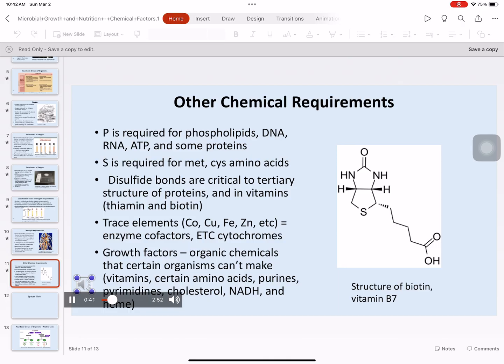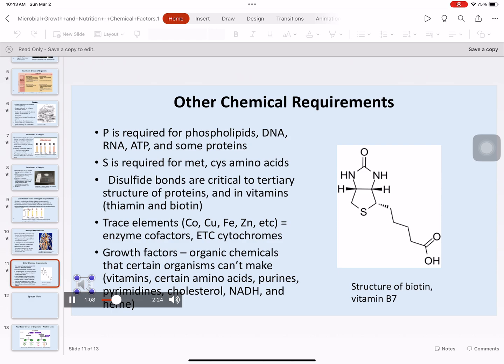Sulfur is required for the amino acids methionine, met, and cysteine, cys, and these amino acids are involved in the disulfide bonds that are critical to forming the three-dimensional structure of proteins, the tertiary structure of proteins.